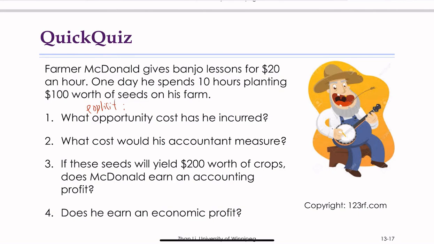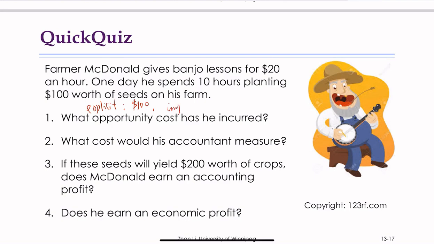Think about this. What is the explicit cost in this example? Well, it should be $100, right? Because the farmer uses the $100 to buy seeds, then the farmer cannot use the $100 to do other things. So this is an explicit opportunity cost.